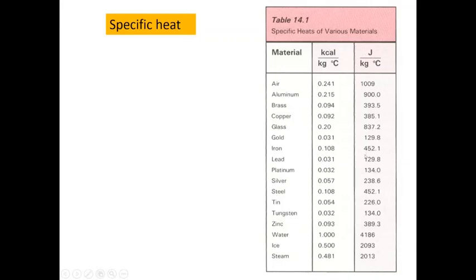They have smaller specific heats. Why? Because they have higher thermal conductivity. So if you touch metals in winter, you feel that they are colder than wood, for example, because wood has higher specific heat.